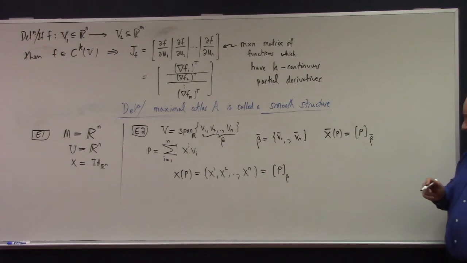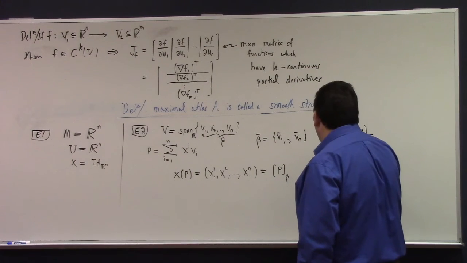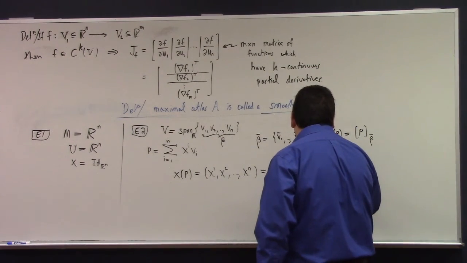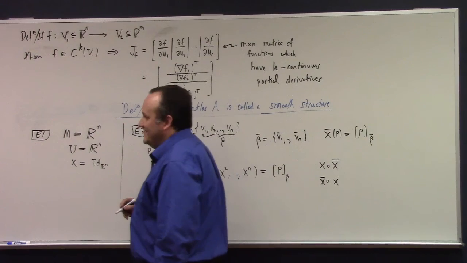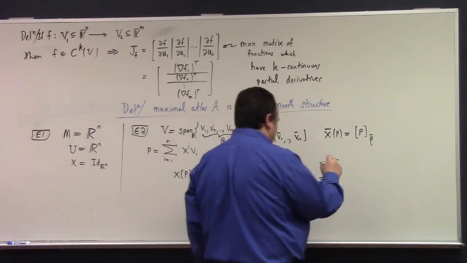So in this context, if I think of x composed with x bar or x bar composed with x, where should the inverse go? Let's say here.